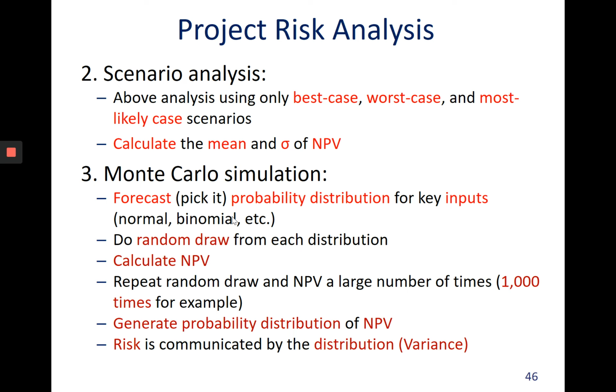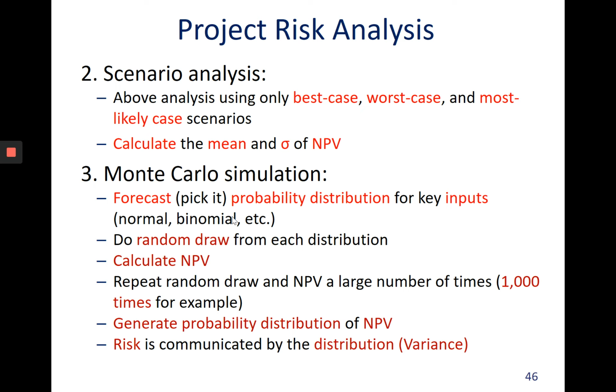Usually we pick a distribution from a computer program, a normal distribution, for example, binomial distribution, and we put this distribution on a variable and have the computer simulate different net present values based on the project's net present value being calculated for various numbers that each variable, such as sales, takes under this probability distribution.